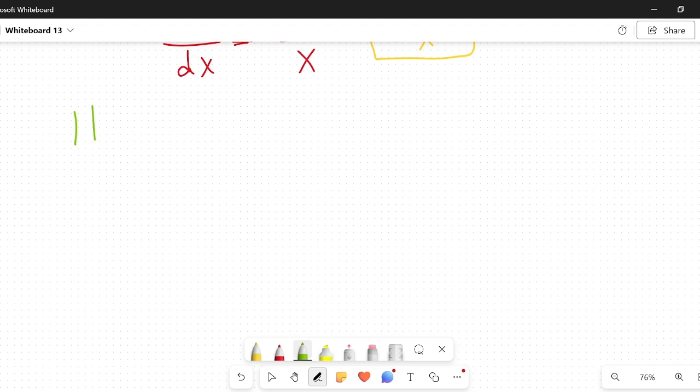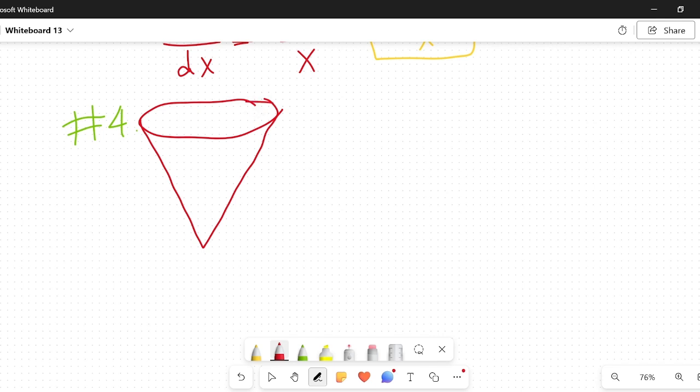Problem 4 is essentially, we were given a cone like this. And then we have some water that is filled in here, and it is draining at some rate.